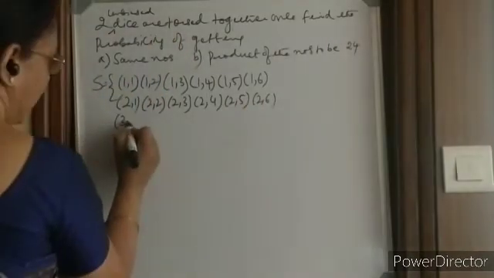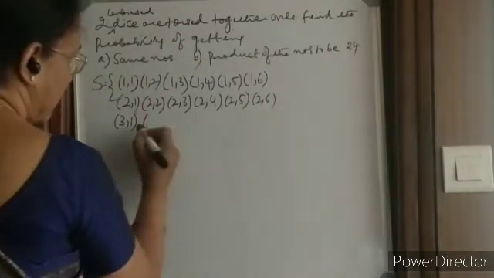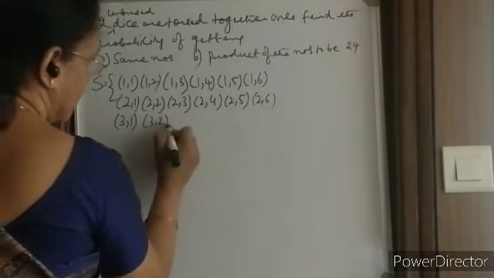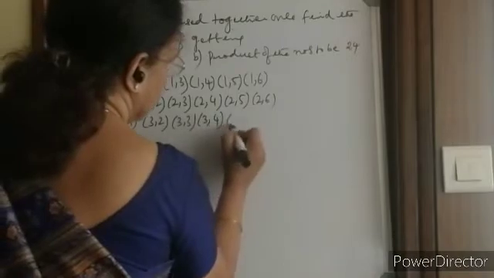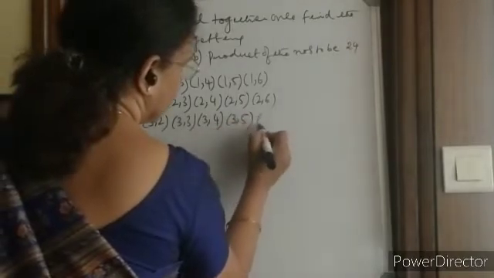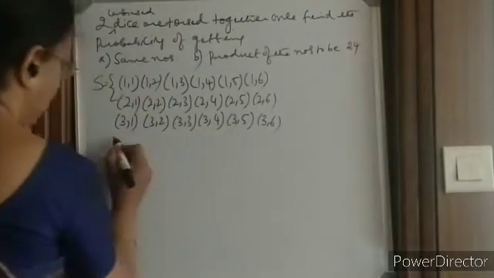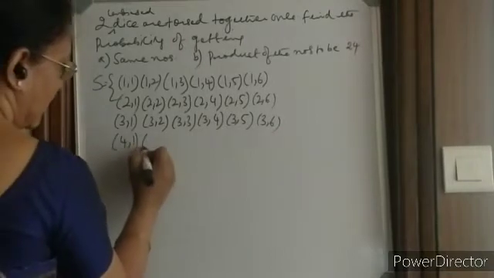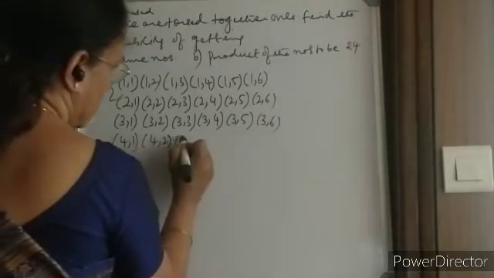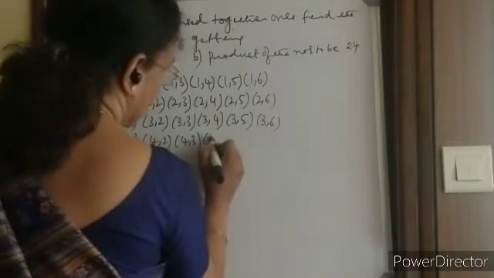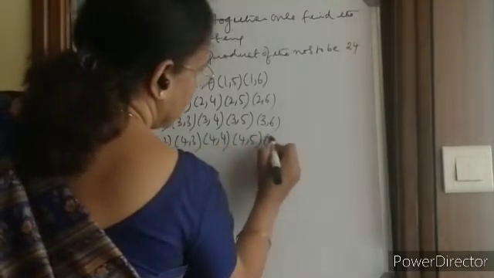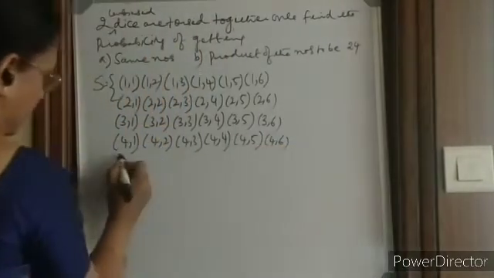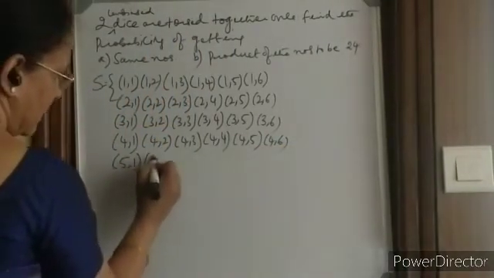Now in this same way I will have to write all the 6 combinations here. 3,3, 3. So next you have 4,1, 4,2. Next you have 5 combinations.